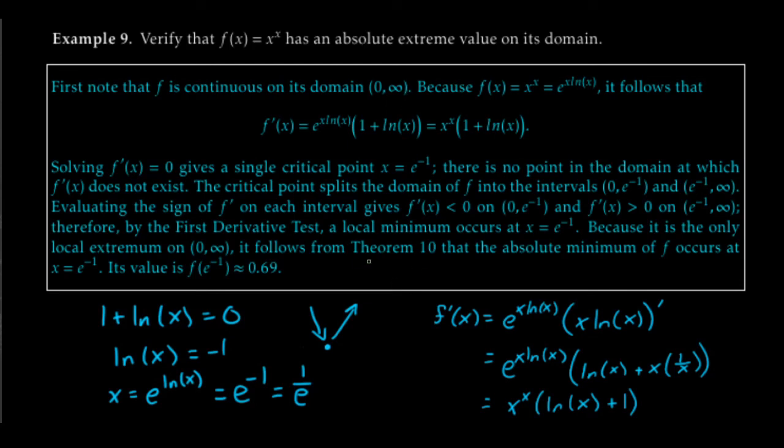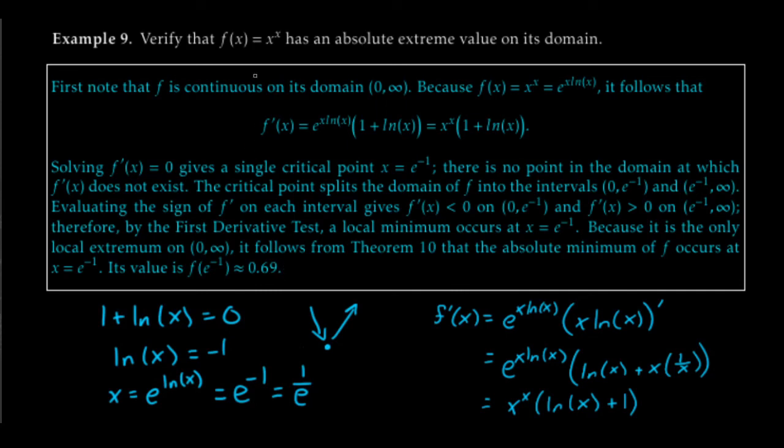Okay, this tells us that the absolute minimum of the function x to the x occurs at x equals e to the negative 1, i.e. x is 1 over e. At this point, the value of the function is approximately 0.69. Cool. I think this is kind of a cool one.